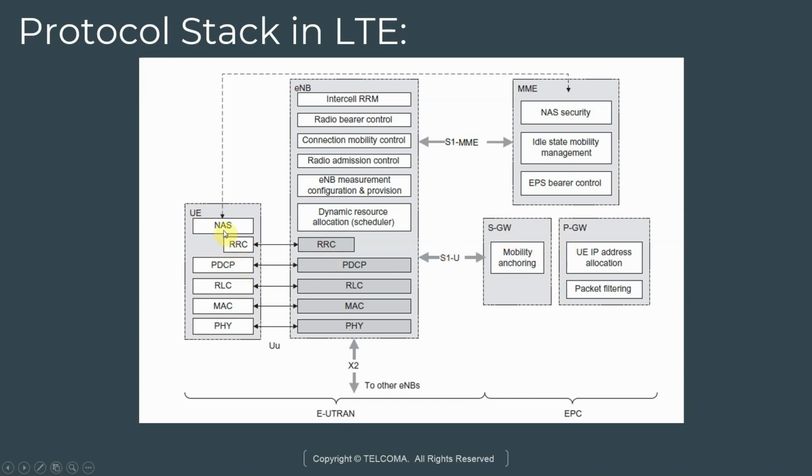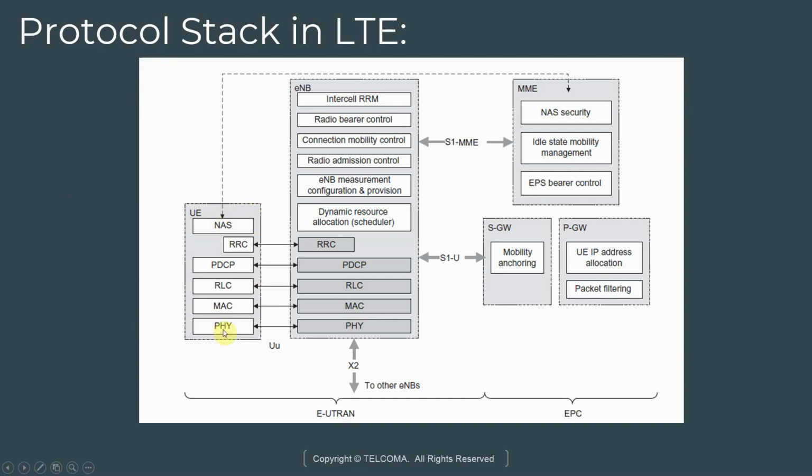So let's start by going through from left to right through each of these sections and talk about the different protocols that are involved. Starting off with the UE, it has this protocol stack defined.